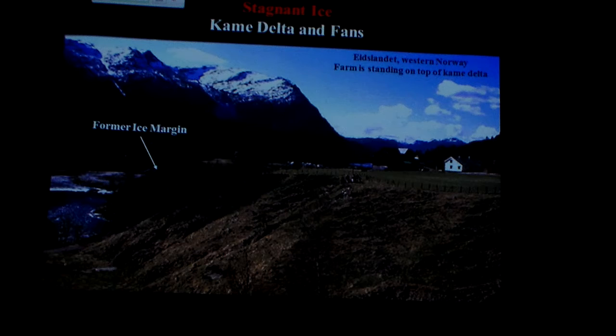Normally when the ice was there, it would have been much steeper, maybe even kind of that way. But without that ice supporting it, it's found its angle of repose. But this former ice margin and this delta is pretty typical of a lot of things that we see. You can see these farm buildings back here for scale.